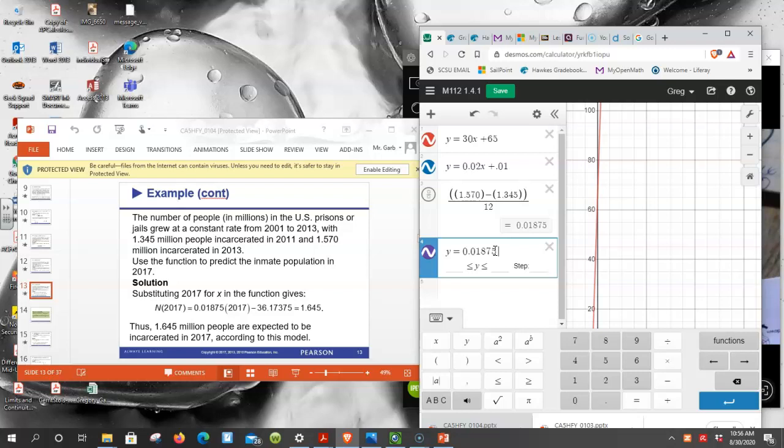Be careful here. Usually x stands for the number of years since, but it doesn't say that in this problem, so we're going to put 2017 in. And then plus, what do we want to add? We don't know how many were incarcerated in 2001. 1.345. The y-intercept.